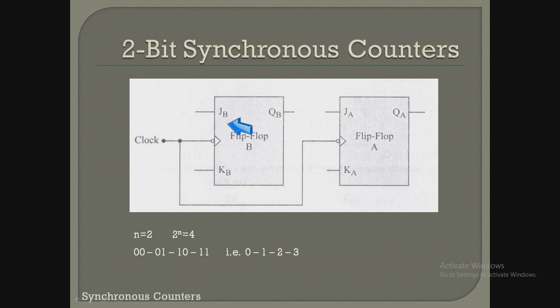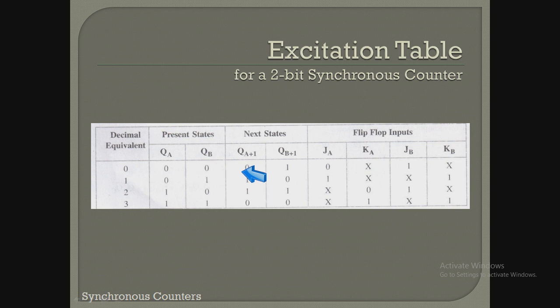So to reset it, J should be 0, K should be 1. And to toggle it, J should be 1, K should be 1. So KB should be 1 in both cases, but JB can be 0 or 1. So therefore JB in this case will be given a don't care situation, and KB will be 1.